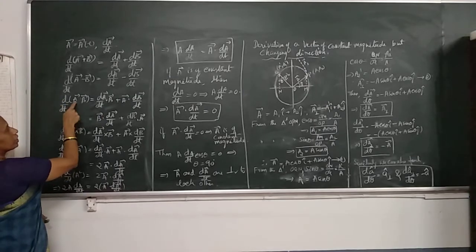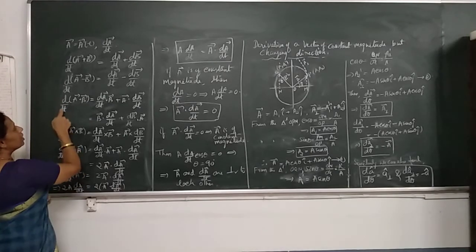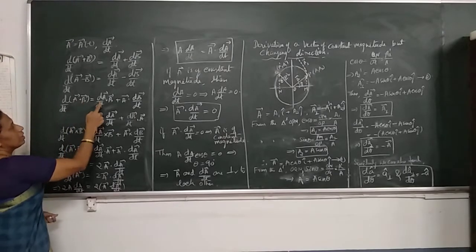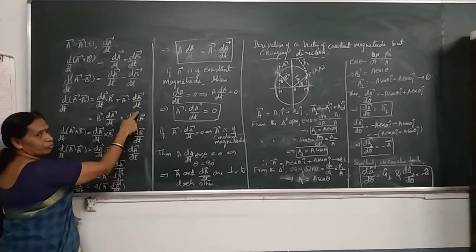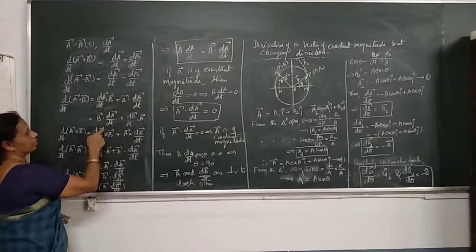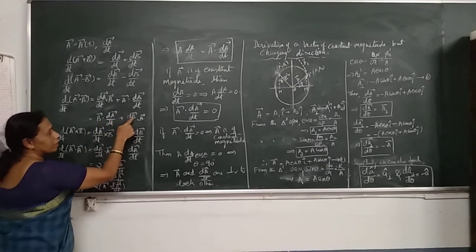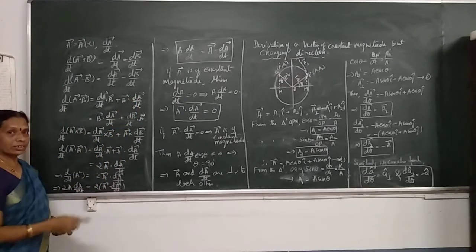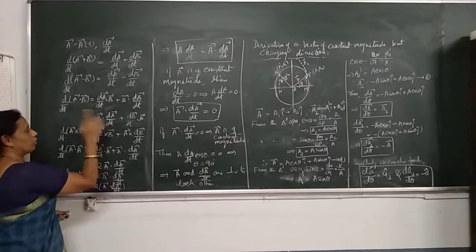And the derivative of the dot product, the scalar product, which we already discussed in the previous class: d by dt of a dot b is defined as derivative of a dot b plus a dot derivative of b. It's also the same as b dot derivative of a plus derivative of b dot a. These two are the same, since the scalar product of vectors is a scalar.